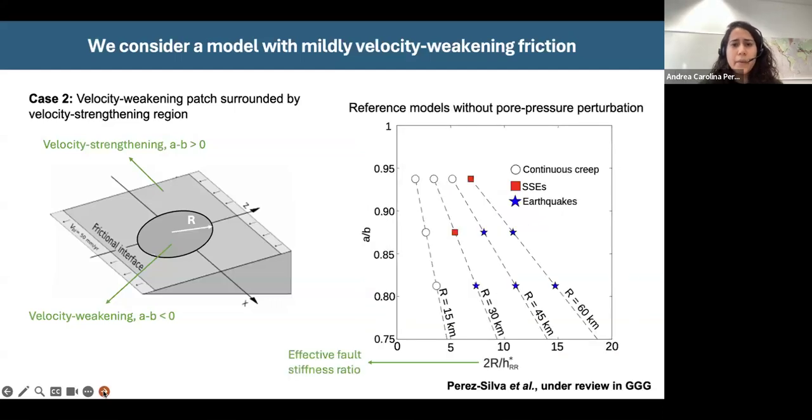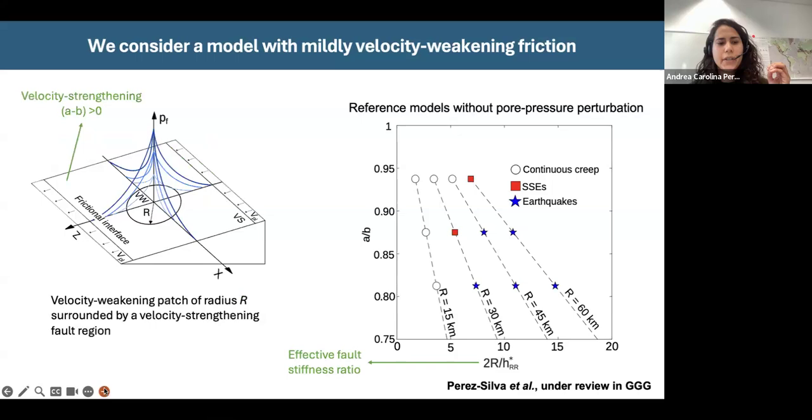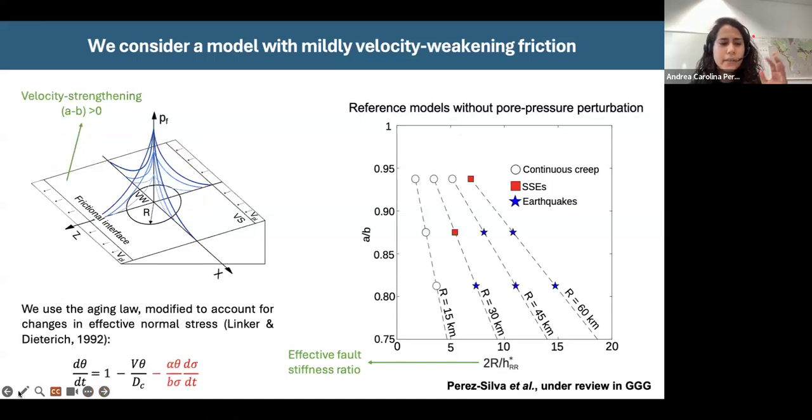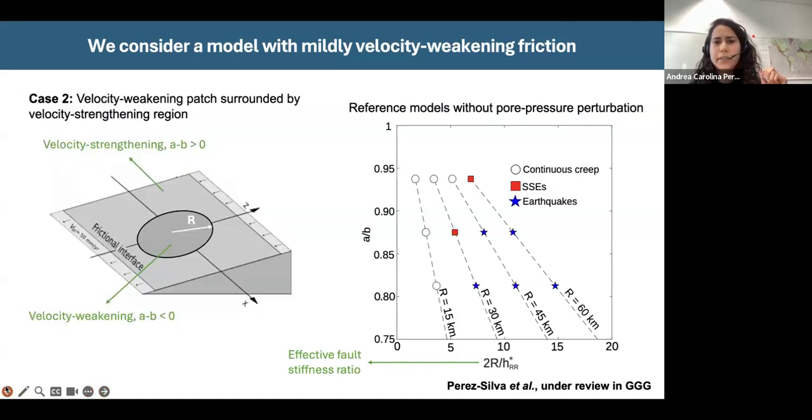So the motivation of this research is to try to understand whether pore pressure perturbations could increase the parameter space in this model. This is an example of the reference model without pore pressure perturbations.